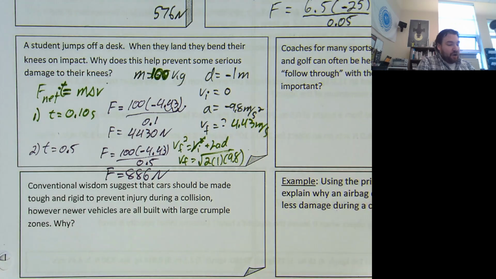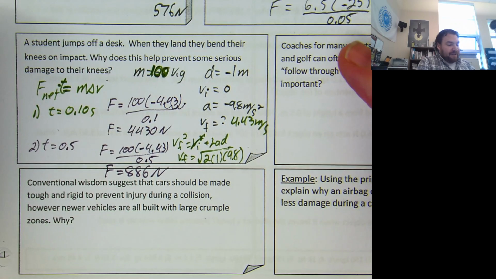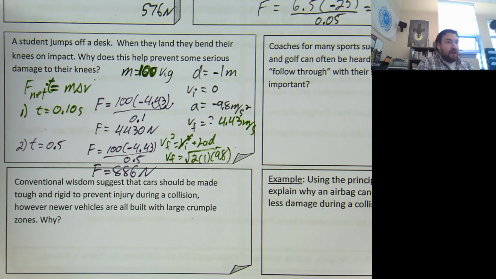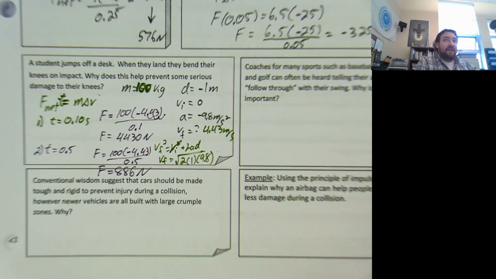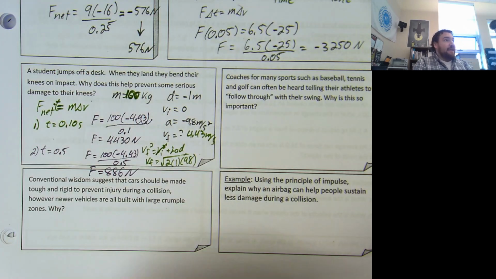And so we apply this all over the place. One of the applications for this is in cars, all over the place with cars. What are some of the ways we extend the impact time for a car in a car accident? If you've never been in a car accident, if you've never seen a car accident, consider yourself lucky. The airbag is one.